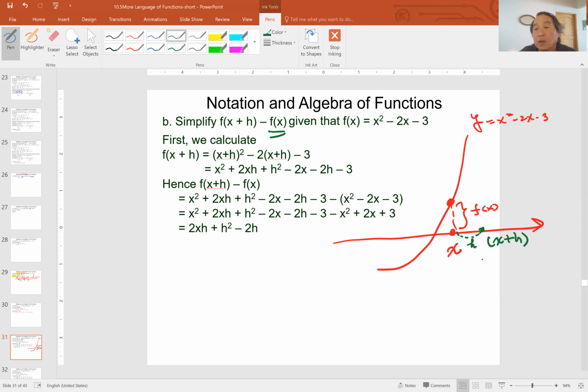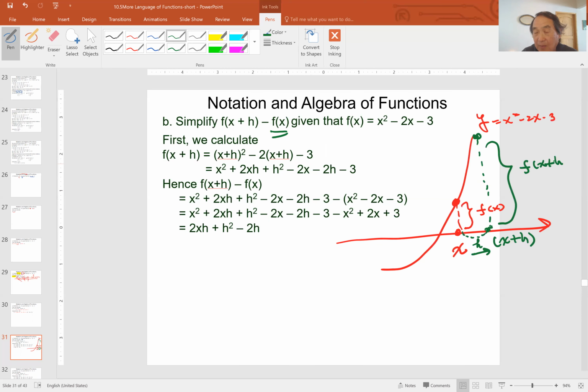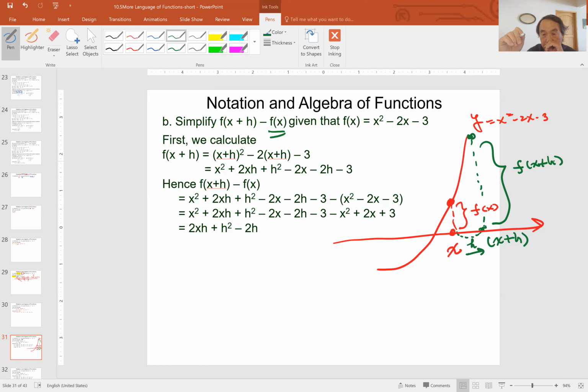So the input is changed by h, and the output, when you plug in x plus h, is f of x plus h. The height of that amount, that's y. If I plug in the number x plus h, what's this subtraction? The subtraction is the difference between them, and that is from here to here.